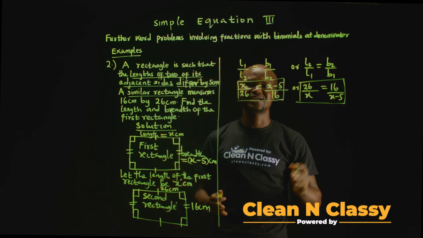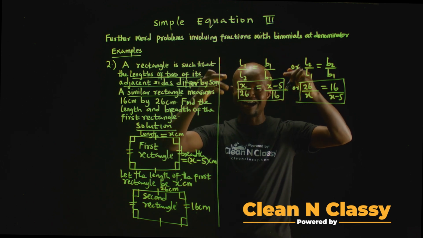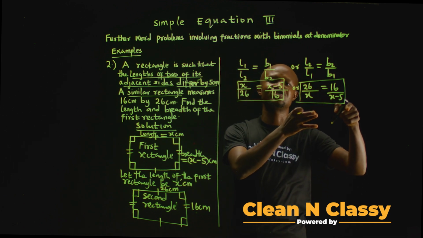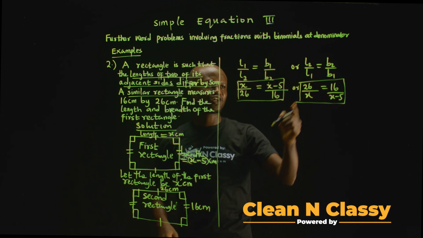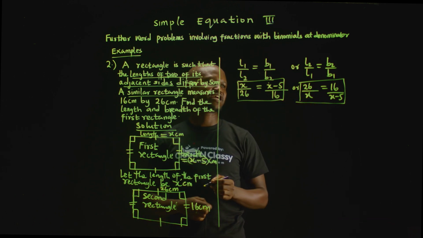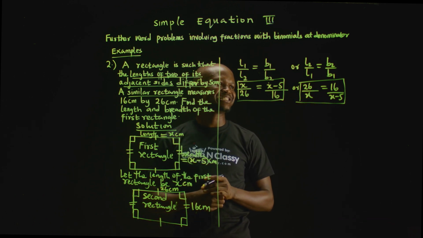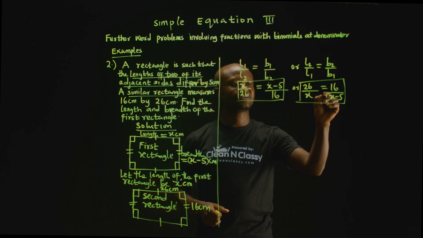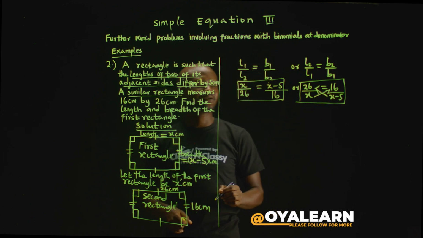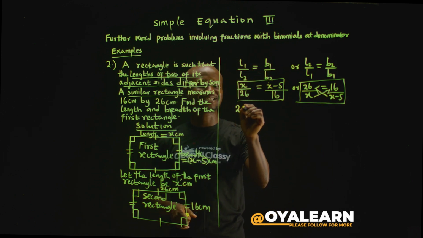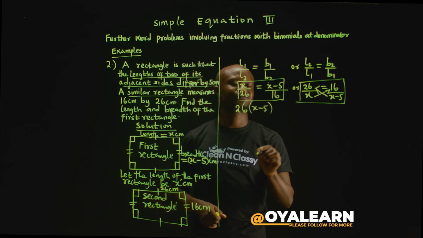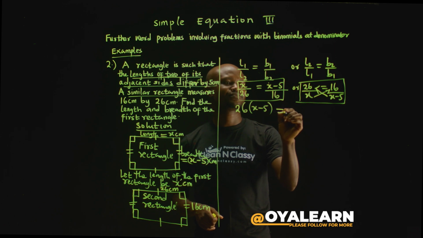They are the same thing, because if you take the reciprocal of both sides of the first equation, you get the second equation. Now, I'm going to solve the second equation: 26 divided by x equals 16 divided by x minus 5. How do we solve this? We cross multiply. By cross multiplying, we have 26 into bracket x minus 5 equals 16 into bracket x.